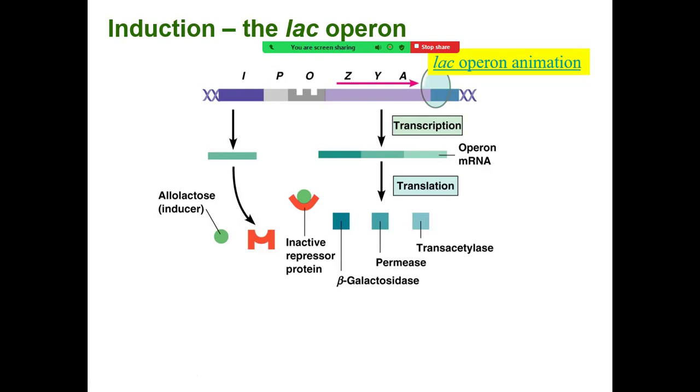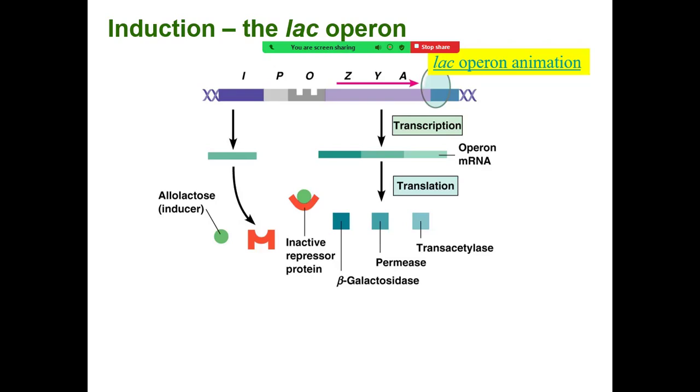And then the free repressor protein is bound to the allolactose, so there will be no repressor protein now that can re-bind to the operator. And that's how the inducer allolactose turns on the lac operon.